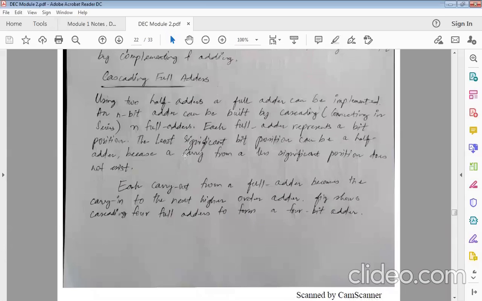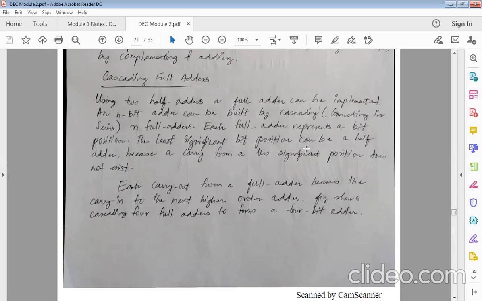Okay. So using two half adders, a full adder can be implemented. I think you all are very much aware of this, and an n-bit adder can be built by cascading, or we can say that we can connect these adders in series, right? Each full adder represents a bit position.